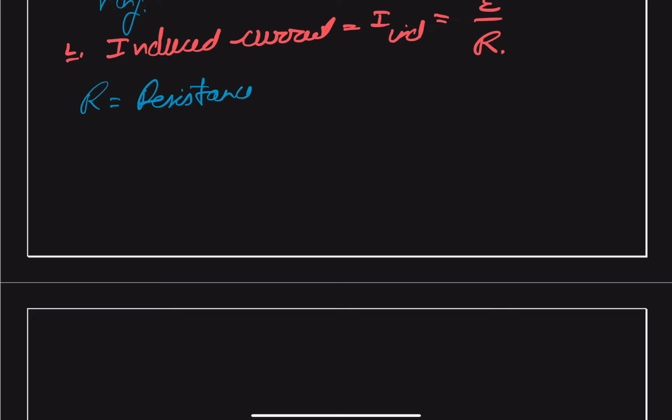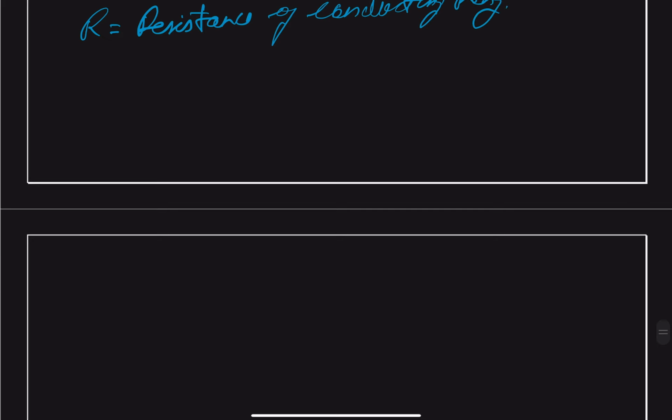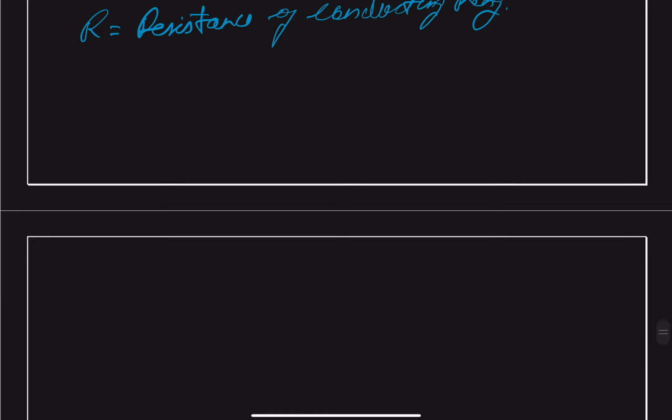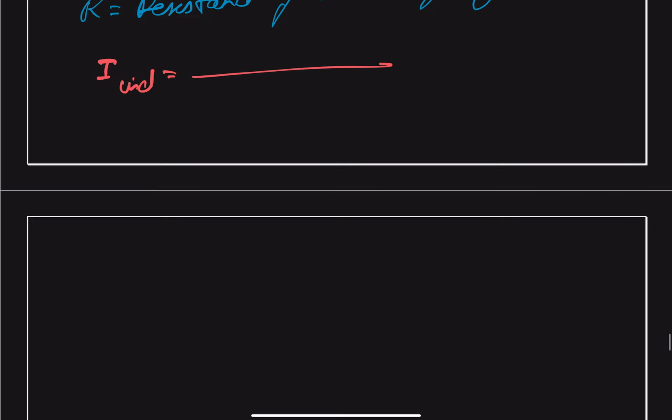Now we substitute the formula for this induced EMF. We can write that our I induced will be equal to mu naught n I naught A omega cos of omega t divided by R.